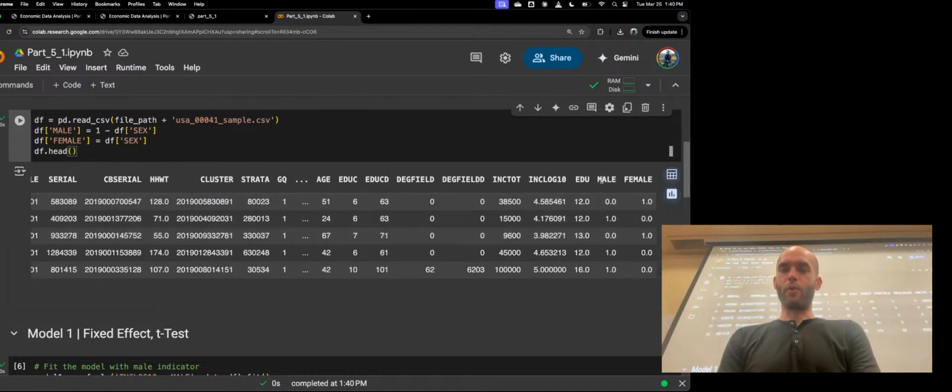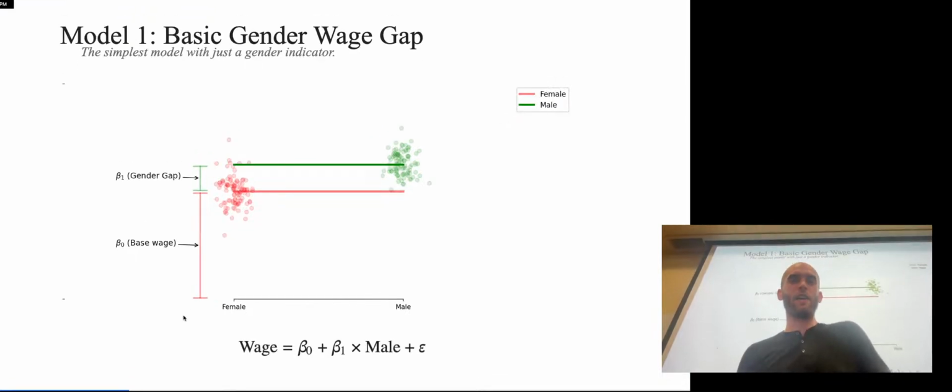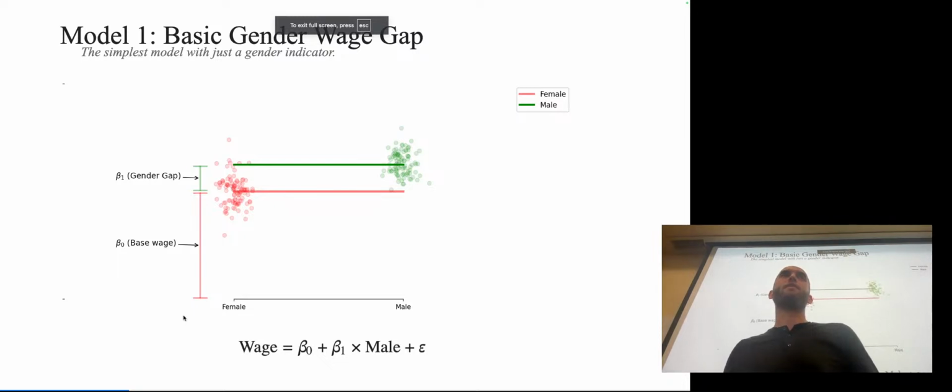So here we have both a female and a male column. And unfortunately, this is coded as binary in the census record, so this is what we're left with. This is our t-test, and this gives us the ability to answer the gender wage gap using the census records.